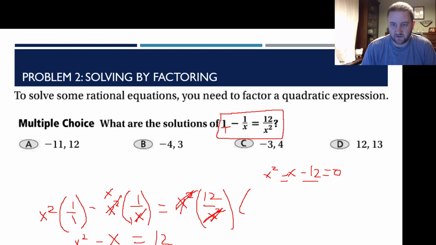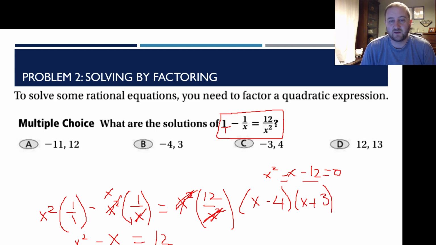So our factors are going to be x minus 4 times x plus 3, right? Negative 4 times 3 is negative 12. Negative 4 plus 3 is negative 1 for negative 1x. Okay, so then x then is equal to 4 and negative 3.